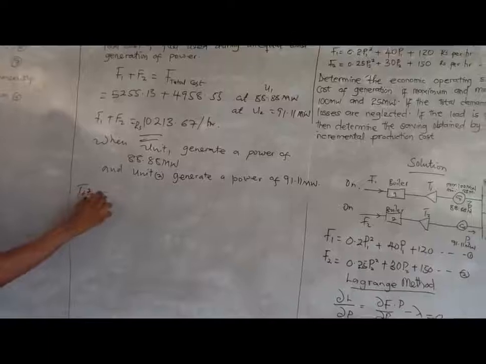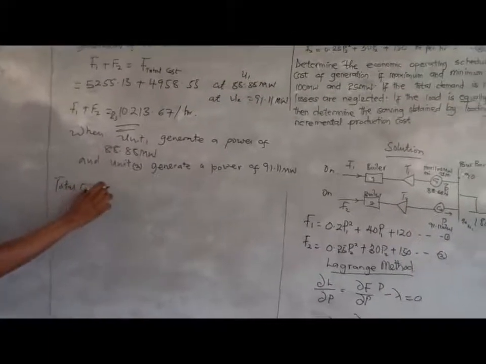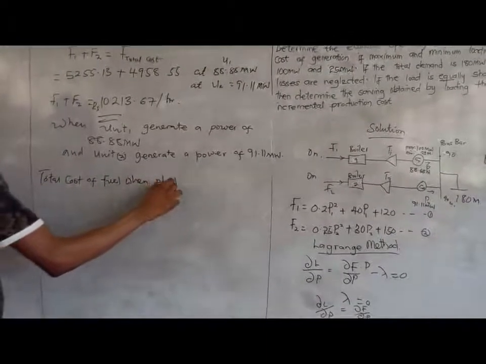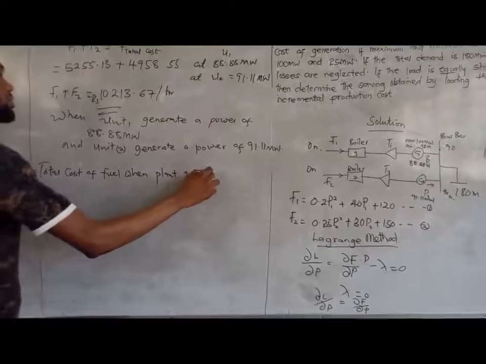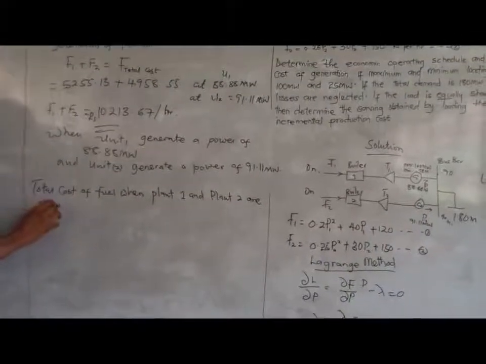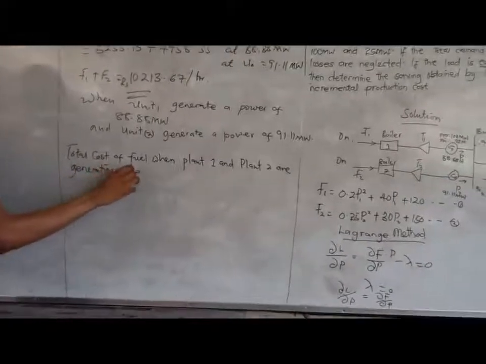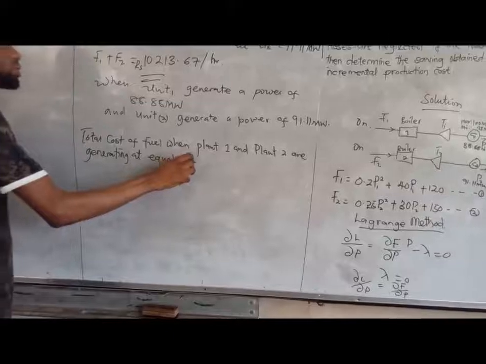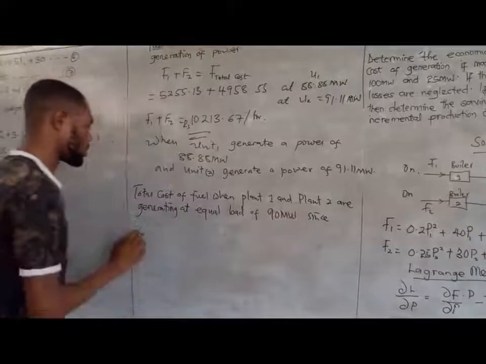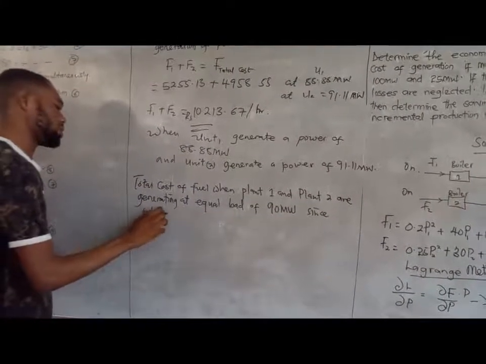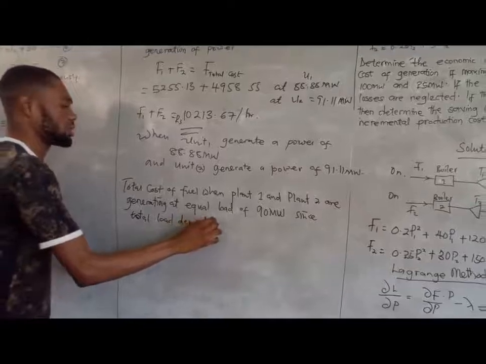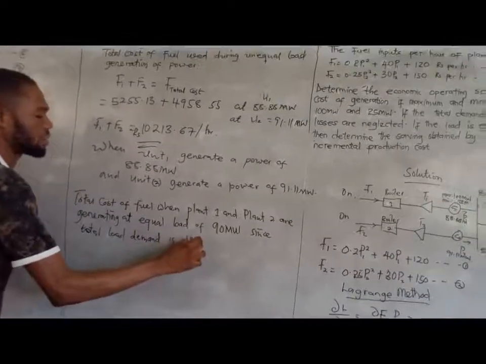Total cost of fuel when plant 1 and plant 2 are generating at equal load of 90 megawatts, since total load demand is 180 mega.